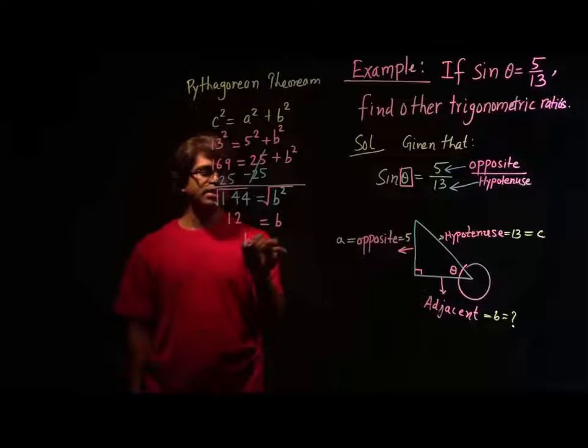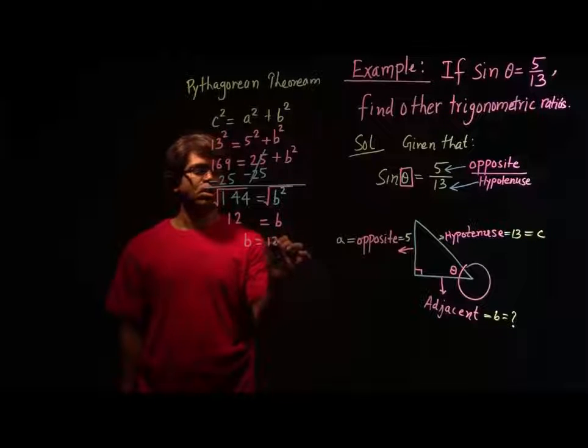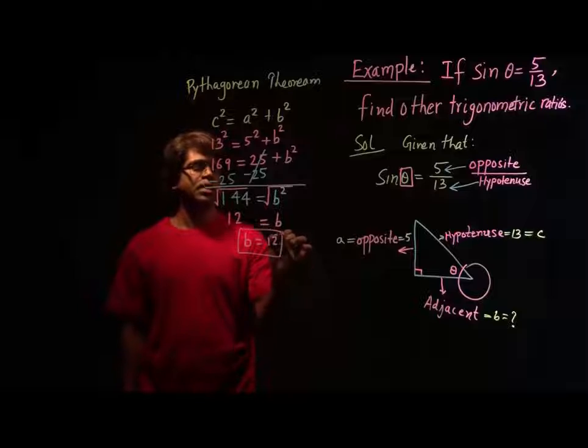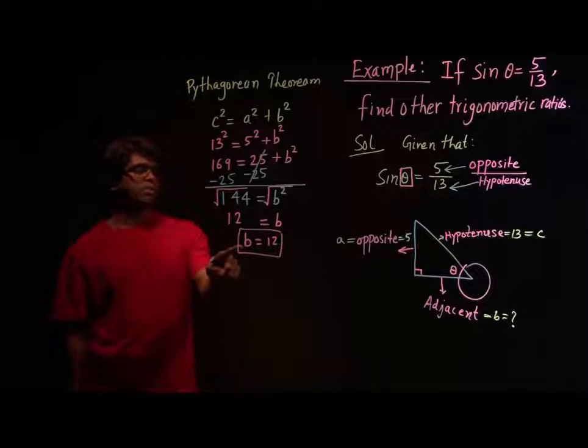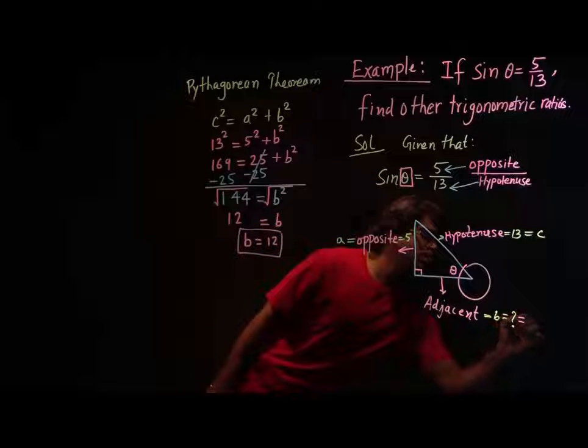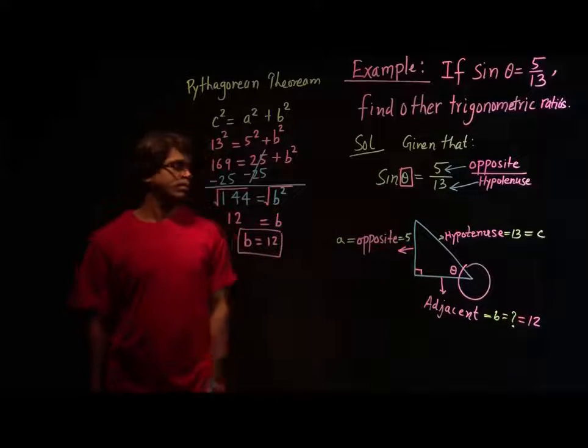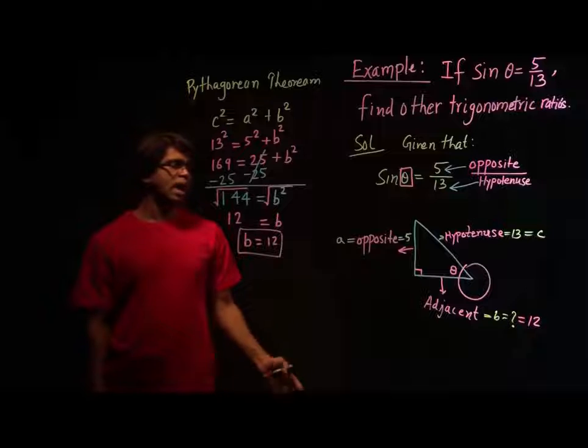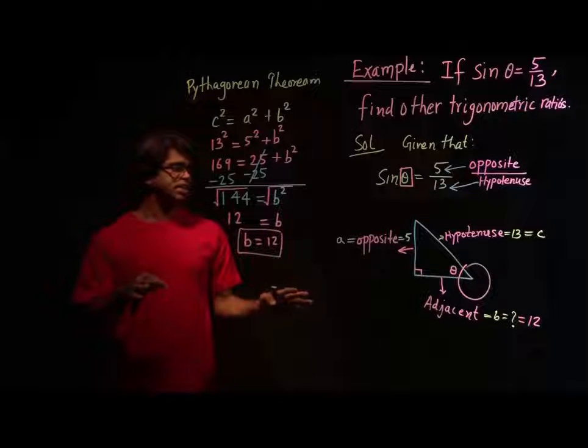So my b is 12 units, and I'm going to place that over here. Now I have everything done on my triangle.